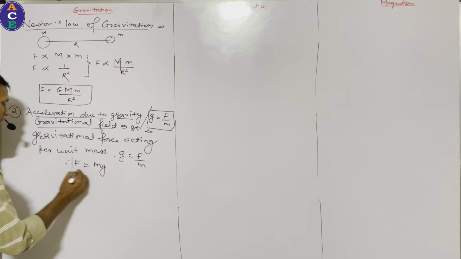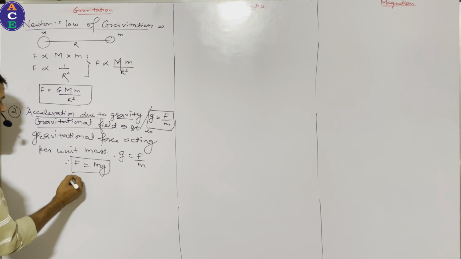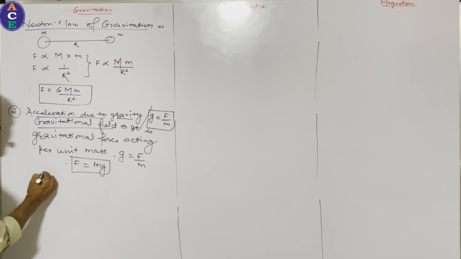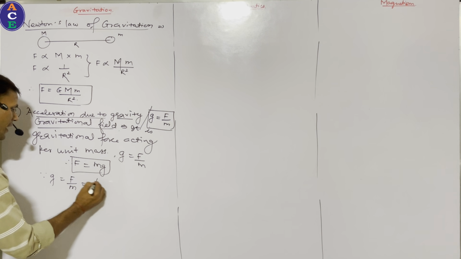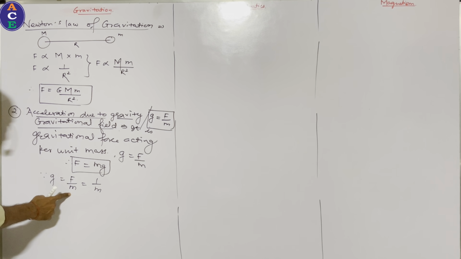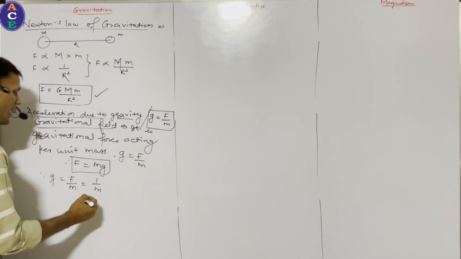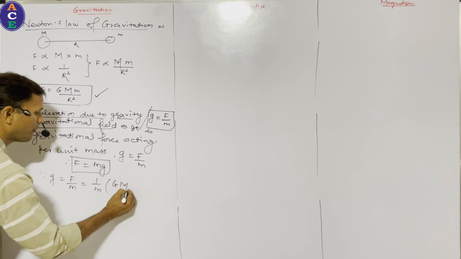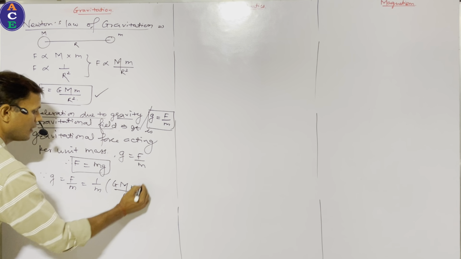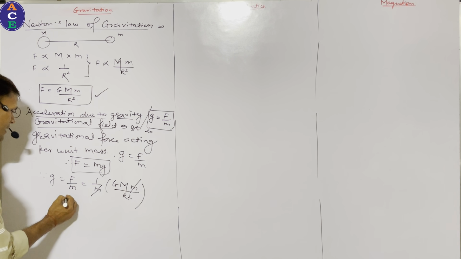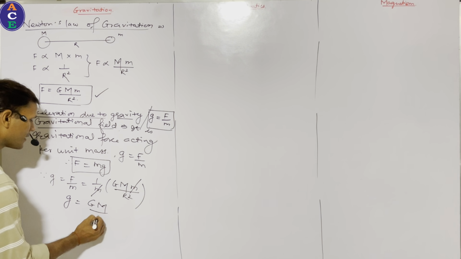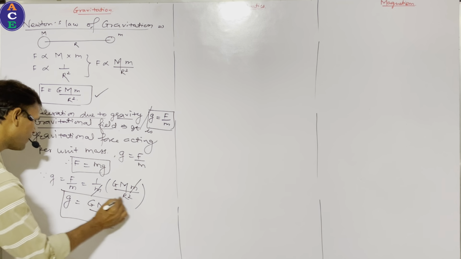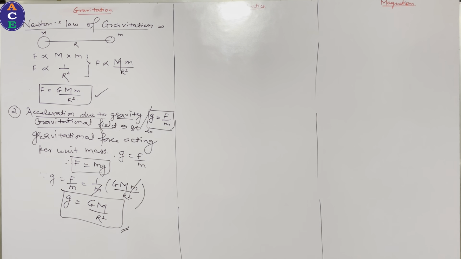After that, since g is F by m, we can write 1 by m, which is in the denominator, into F. What is F? F is now GMm by r square, so it becomes GMm by r square. Now m and m get cancelled, so we get g is equal to GM by r square. So this is the formula for acceleration due to gravity.